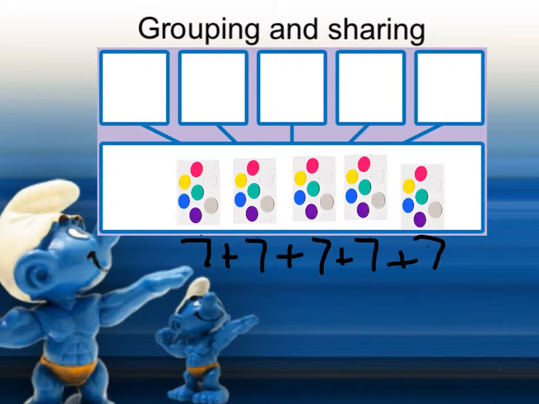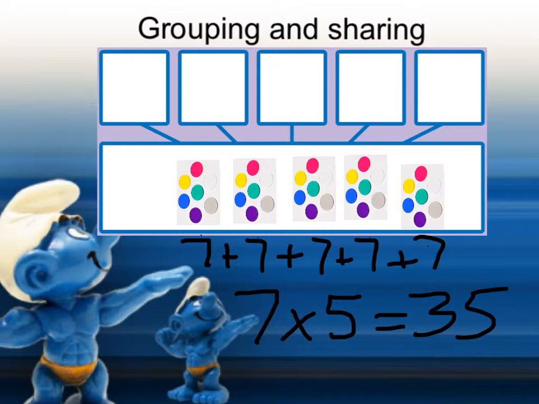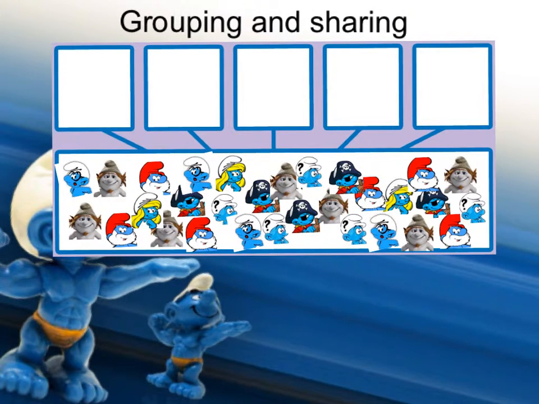Or I could write it as a multiplication fact. 7 times 5 equals, let's see, I know my 5 times tables, so I could count 7 lots of 5. Let's do that. 5, 10, 15, 20, 25, 30, 35. The answer is 35.